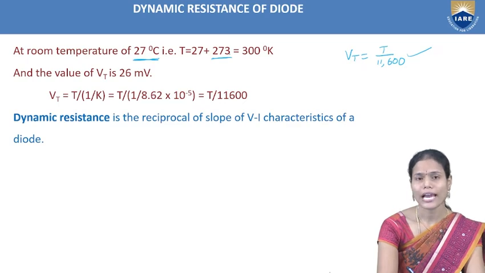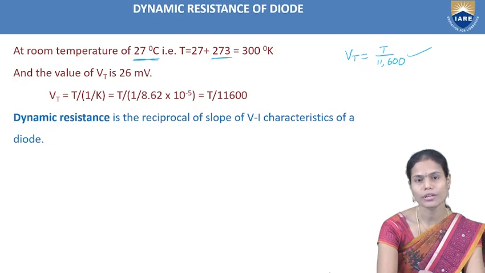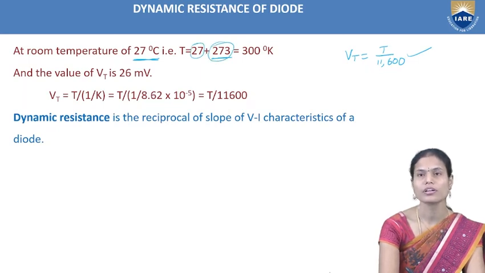So in order to calculate the Vt value, always T we have to take as the sum of the given room temperature value plus the standard temperature. Here the room temperature value is 27 degrees and the standard temperature value is 273, so that is equal to 300 degrees Kelvin.